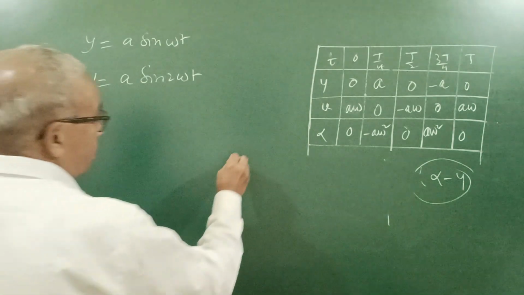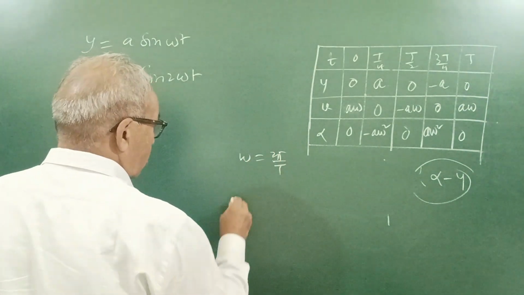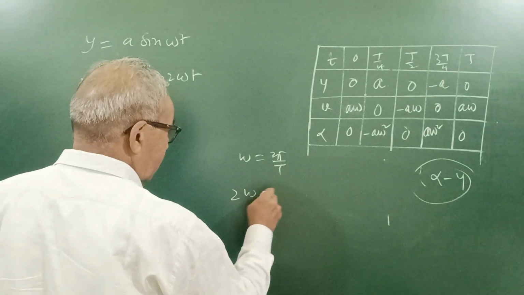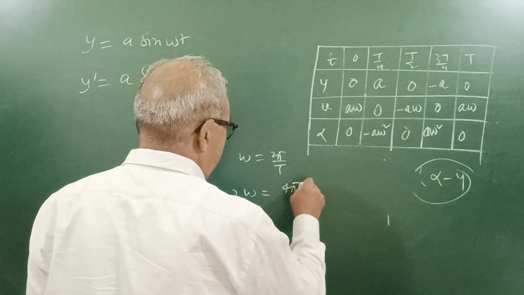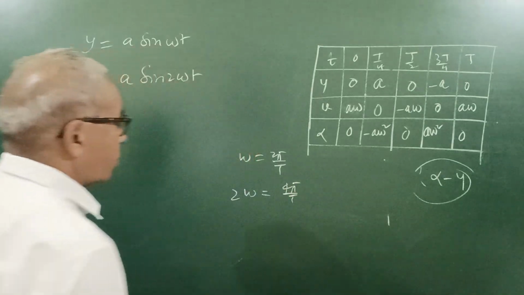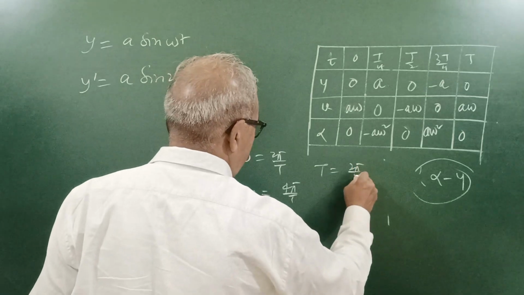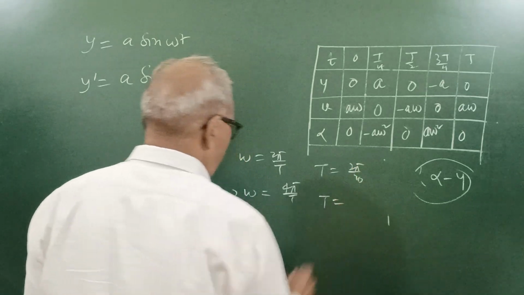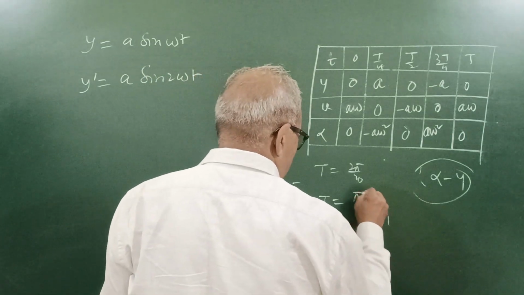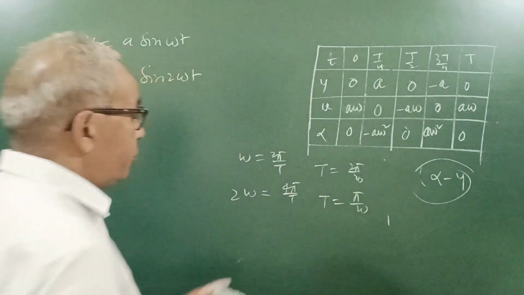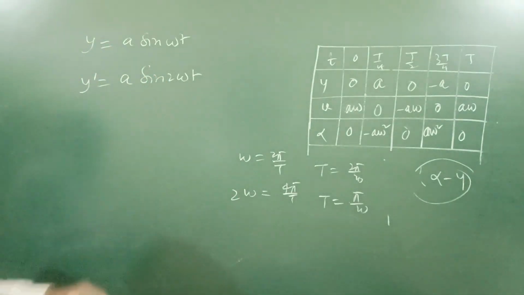Omega was 2 pi upon t, so 2 omega means 4 pi upon t. Here t equals 2 pi upon omega, and here t equals pi upon omega. The time period is reduced to half. Angular frequency has become double.